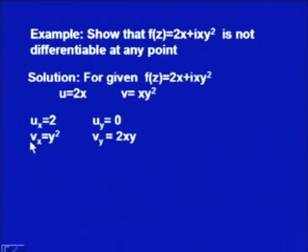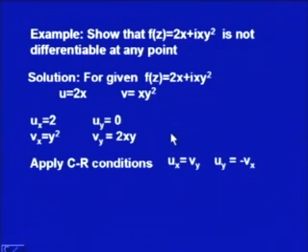For v, the partial derivative with respect to x is y², and with respect to y is 2xy, and one can notice that these CR equations will not be satisfied at any of the points. So, we can say the function is not differentiable at any point in the domain.